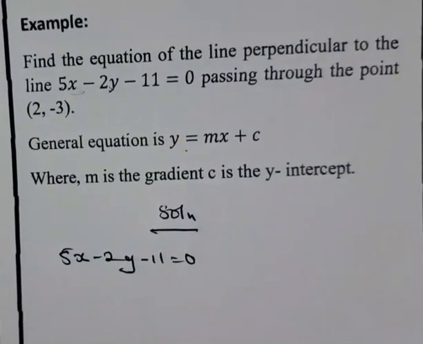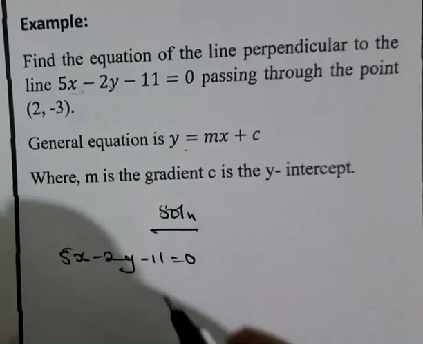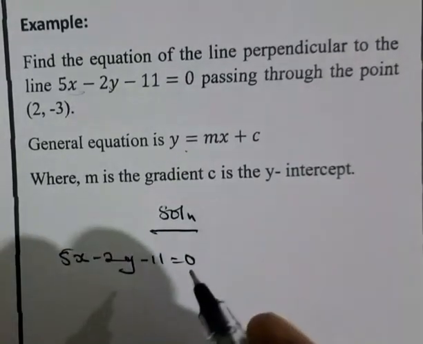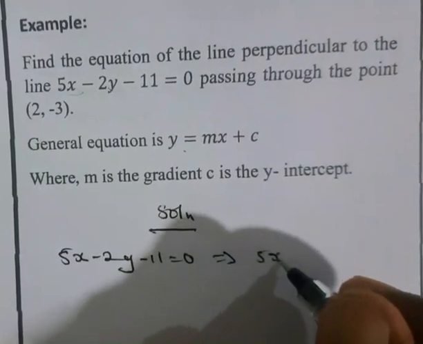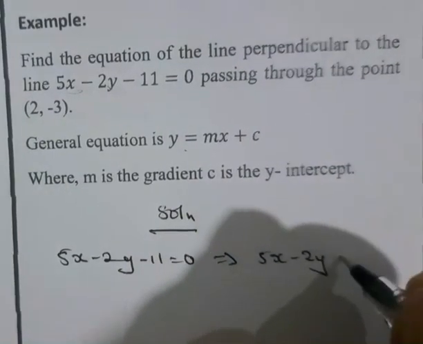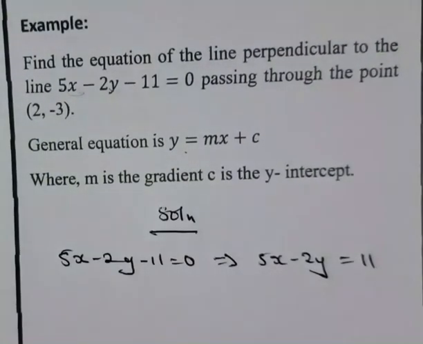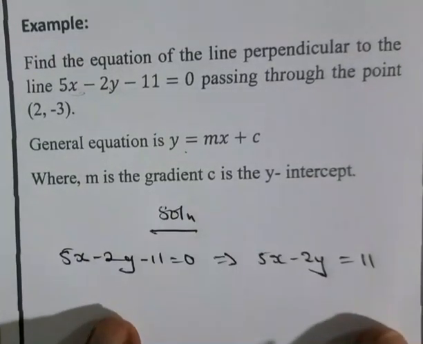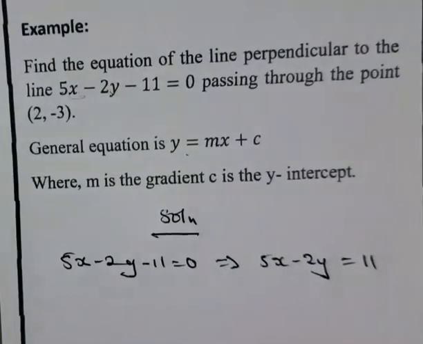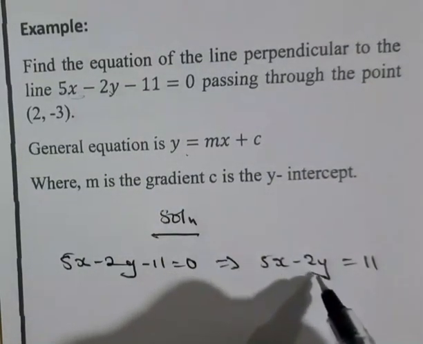In making y the subject of the formula, we know that this can also be expressed as 5x minus 2y is equal to 11, because we just moved the 11 to the other side and it became positive. We're going to use this one and make y the subject.